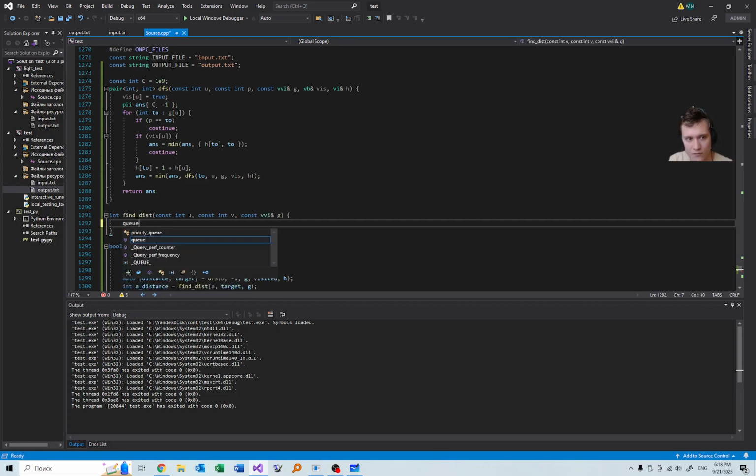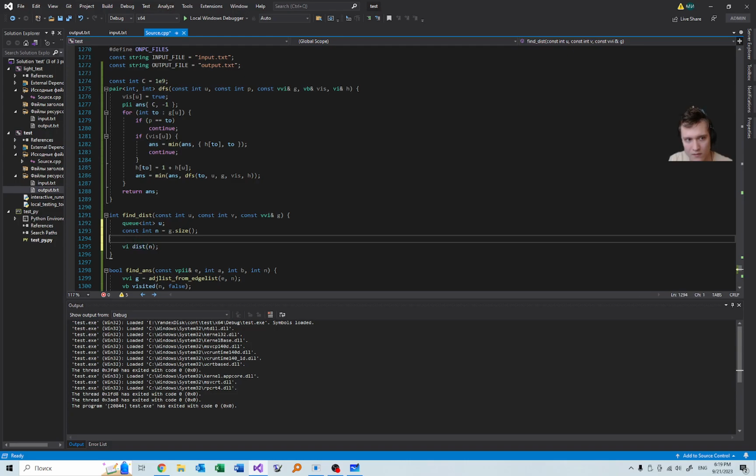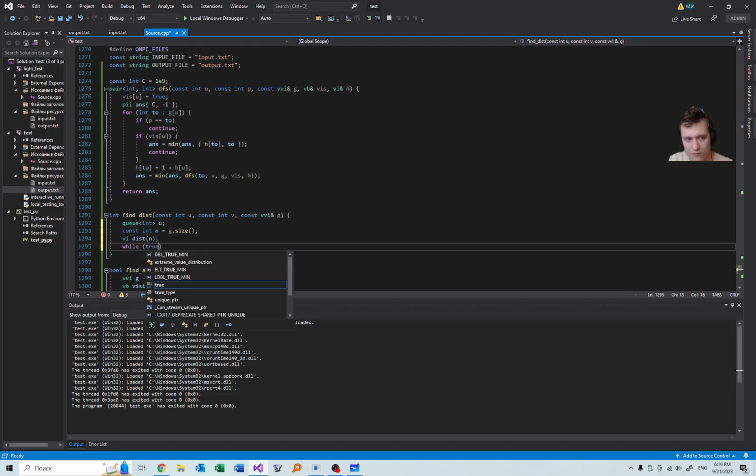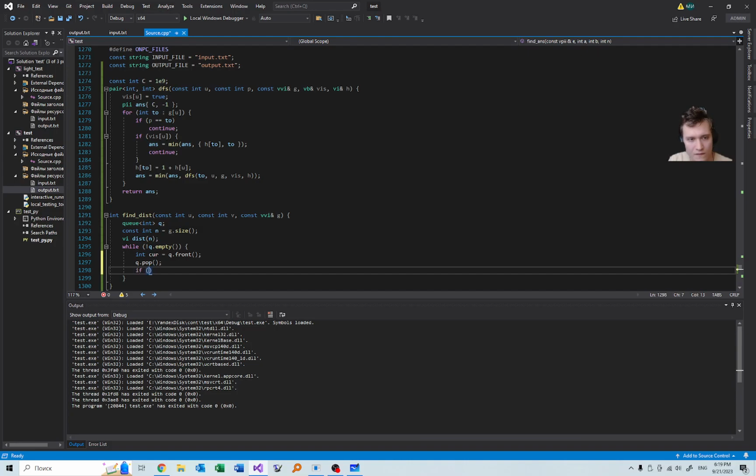So we say q of int u, vi distance of size n, constant n equals g dot size, while true, while q dot empty, while it is not empty. We say that int current equals u dot front, u dot pop.